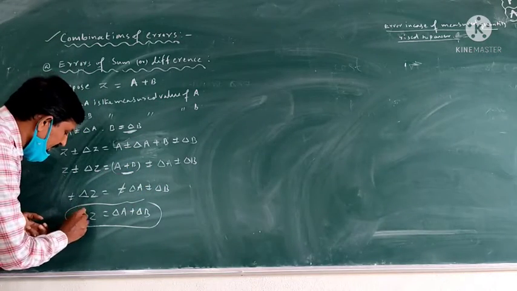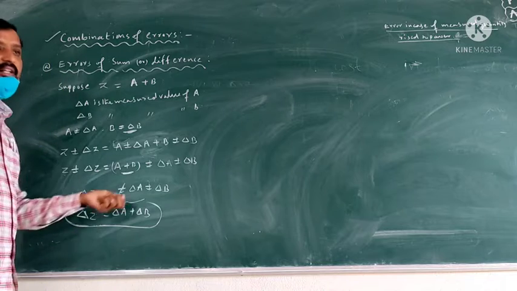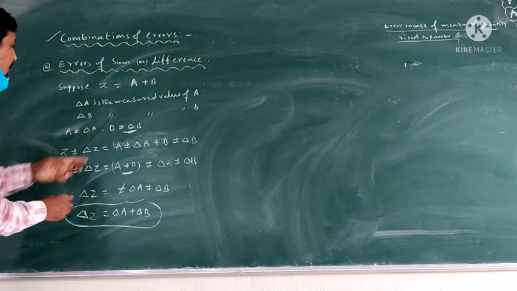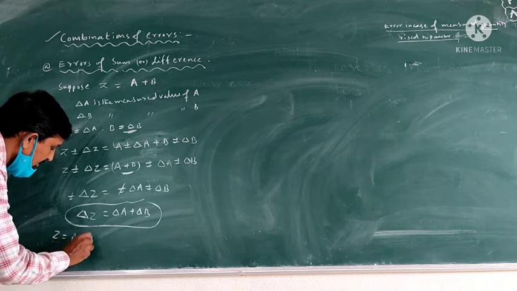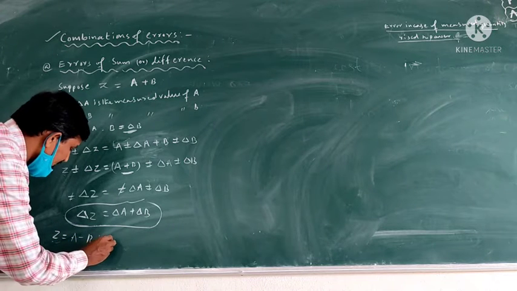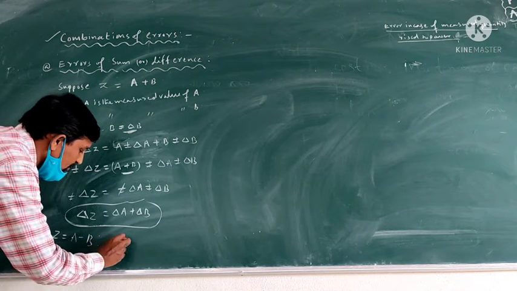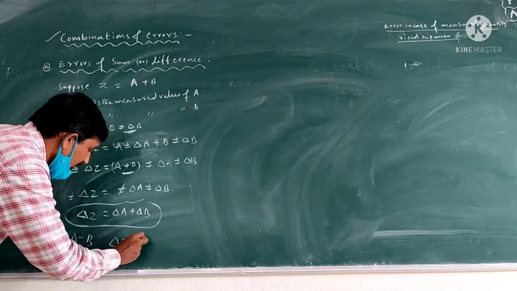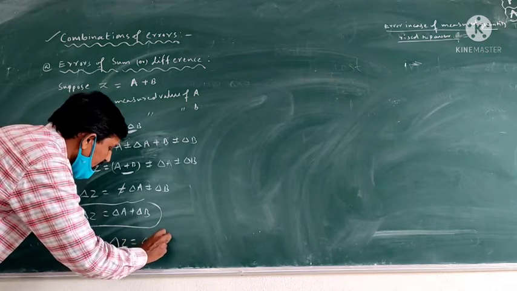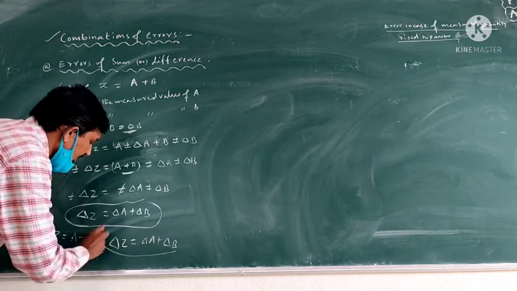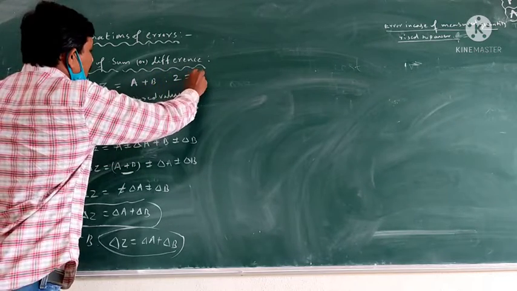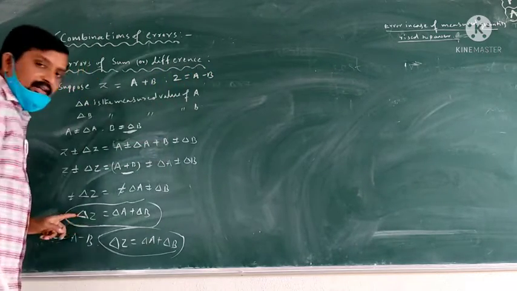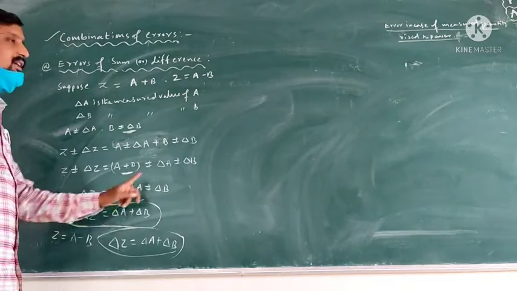Similarly, in the case of subtraction, Z is equal to A minus B, and the maximum possible error delta Z is equal to delta A plus delta B. In the case of addition or subtraction, the maximum possible error delta Z is equal to delta A plus delta B.